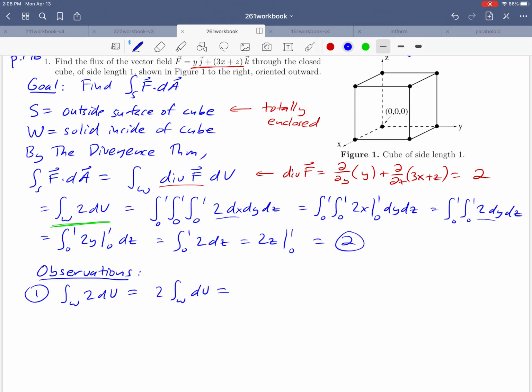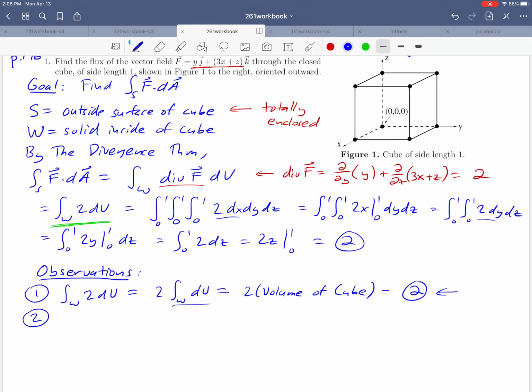If we just integrate dV, we're going to get the volume of the cube, so this integral should just be 2 times the volume of the cube. But what is the volume of the cube? If all of its side lengths are 1, the volume is just 1, so we get 2 times 1, which is 2. That's a shorter route to the answer, if we had noticed that.